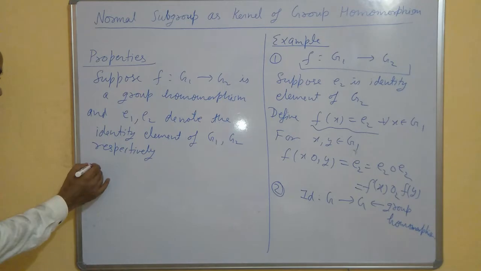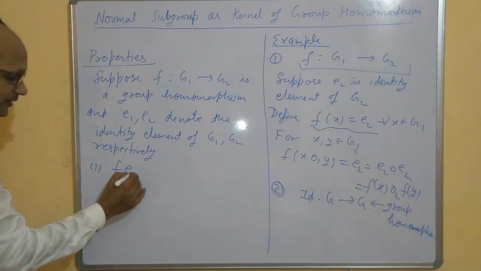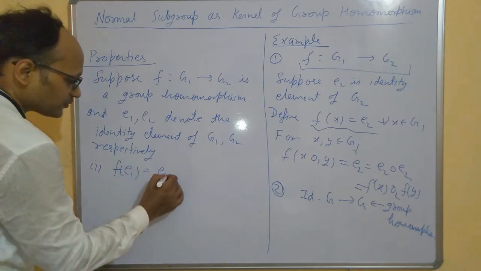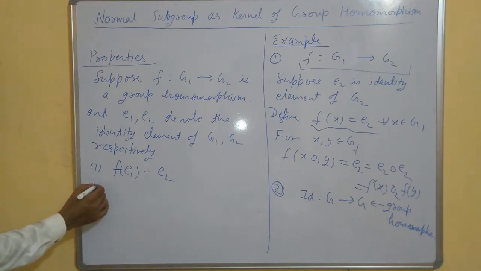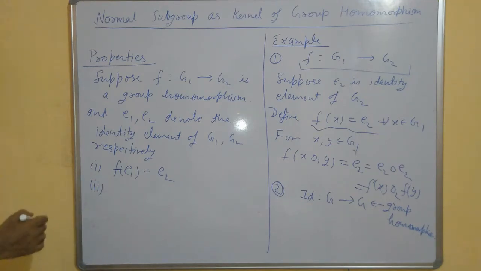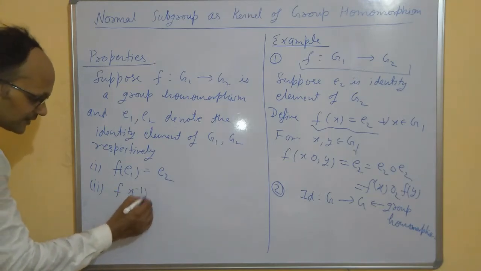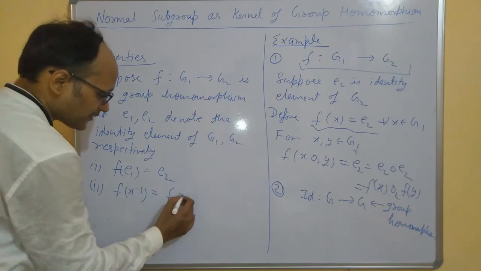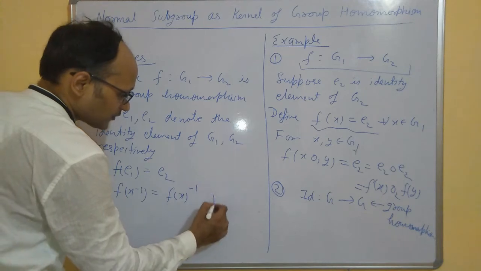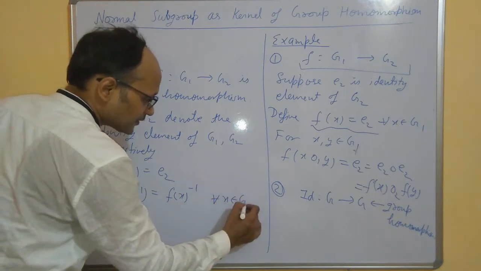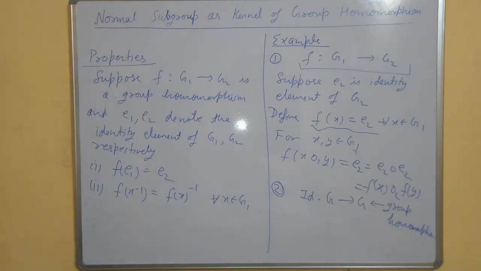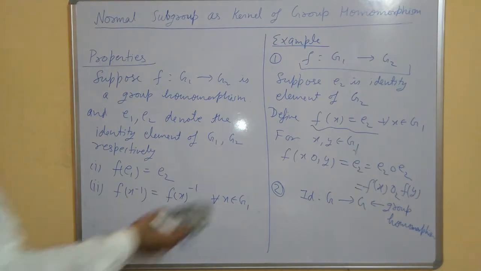Then property number 1 is that f(E1) is equal to E2, and property number 2 is that f(x inverse) is the same thing as (f(x)) inverse for all x in G1. Let us see how it happens.